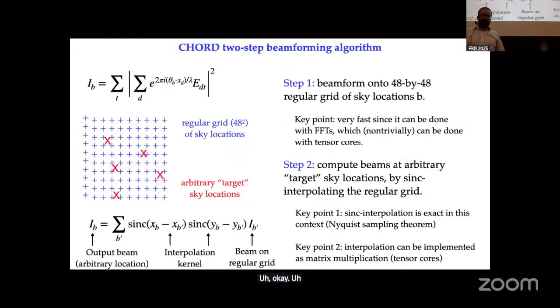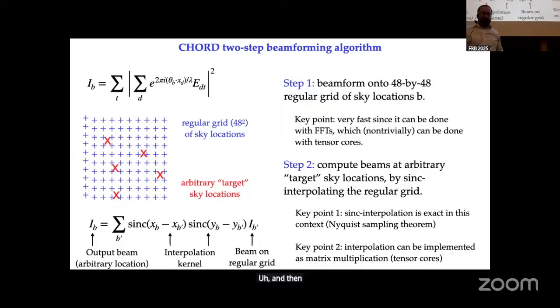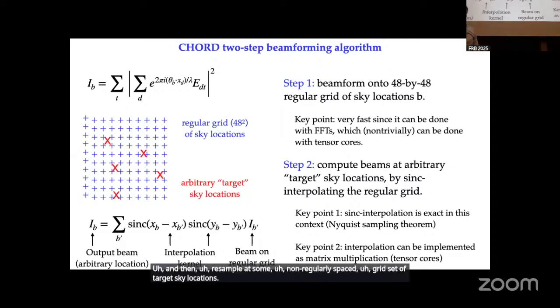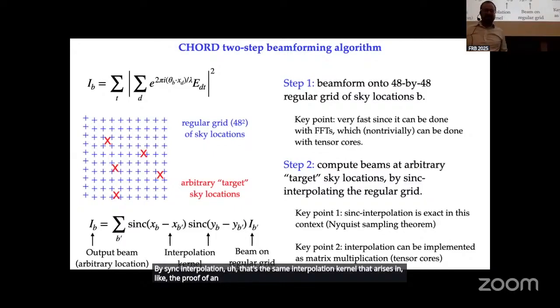And then there's this little trick. We have a two-stage beamforming algorithm where we start by beamforming onto a regular grid of sky locations, and then resample at some non-regularly spaced set of target sky locations by sinc interpolation. That's the same interpolation kernel that arises in the proof of the Nyquist sampling theorem.